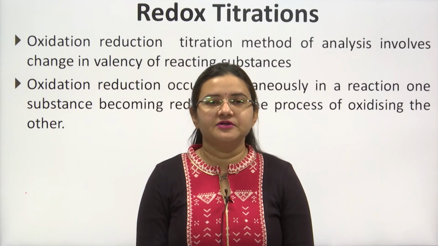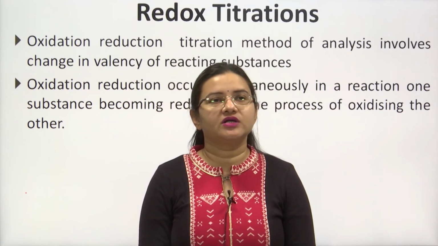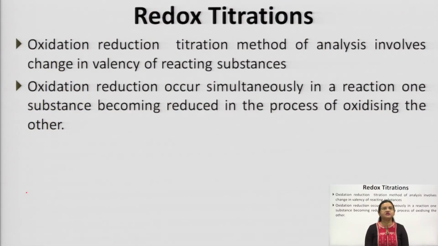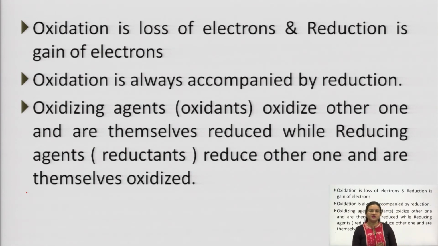So, now we will summarize what redox titrations are and what their types are. Redox titrations are titration methods of analysis which involve changes in the valency of reacting species or changes in the number of electrons of reacting species. Oxidation is always a loss of electron and reduction is always a gain of electron.